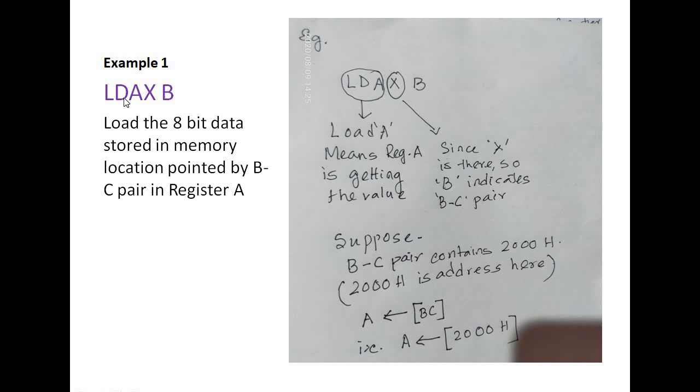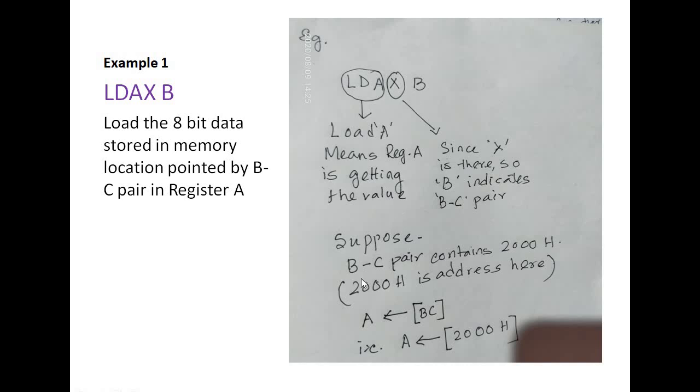We have already told, load accumulator. That is, register A is getting the value from where? From the memory location that is indicated by the BC pair. Listen very carefully.